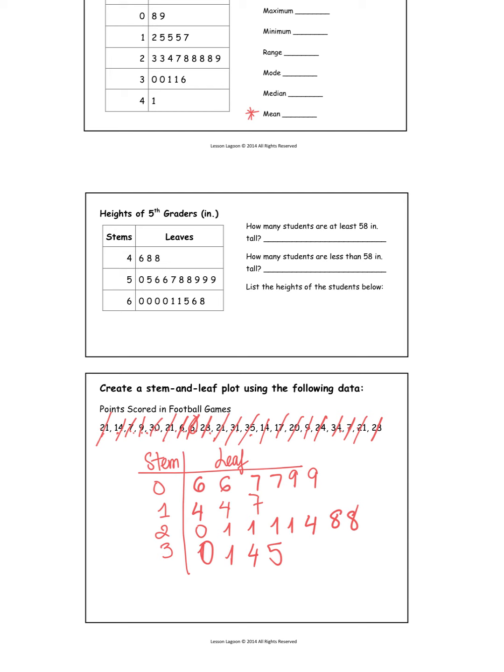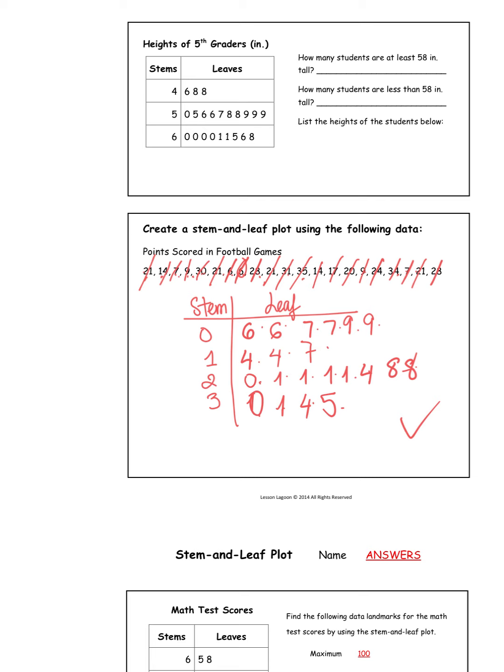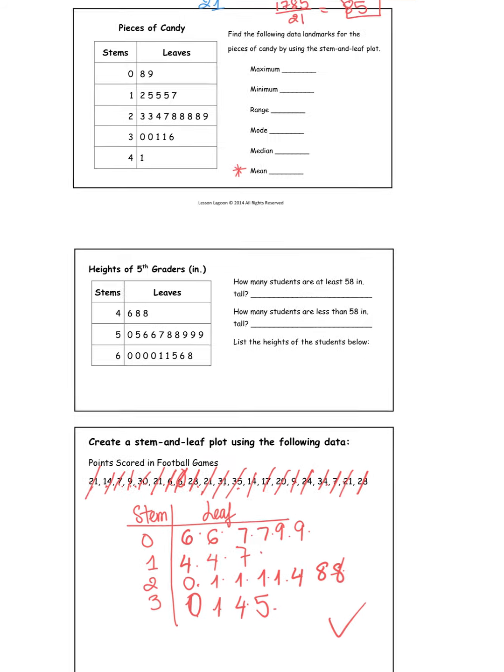So we have 21 numbers. If my leaves have 21 numbers, that means I got it correct. 1, 2, 3, 4, 5, 6, 7, 8, 9, 10, 11, 12, 13, 14, 15, 16, 17, 18, 19, 20, 21. We're good. So we just created a stem and leaf plot for the last problem, okay?